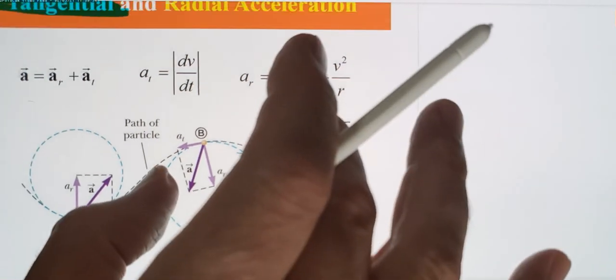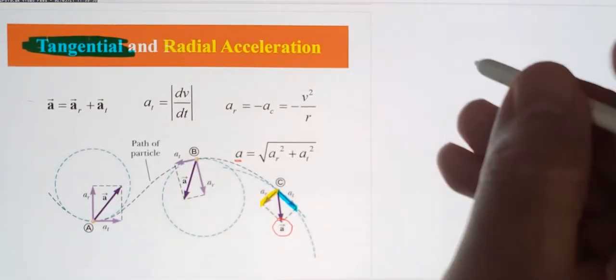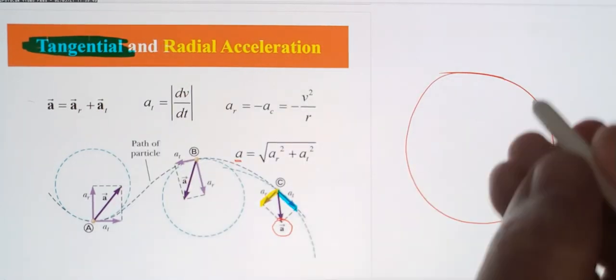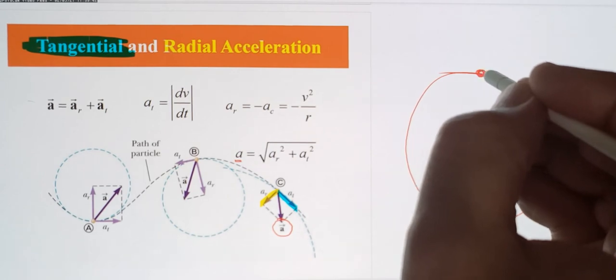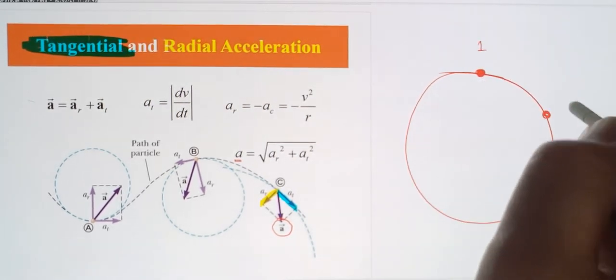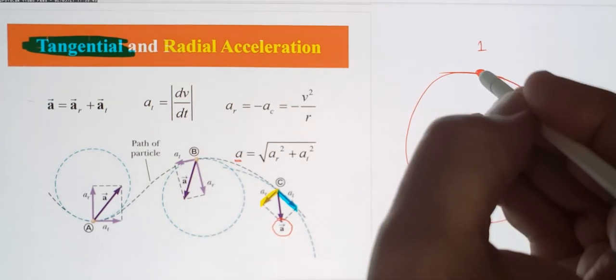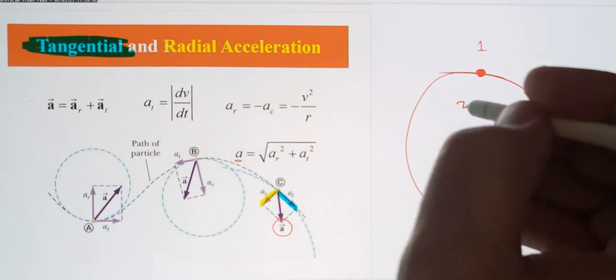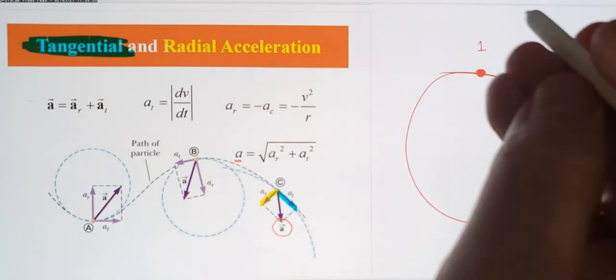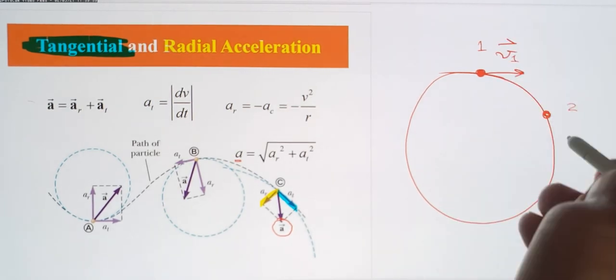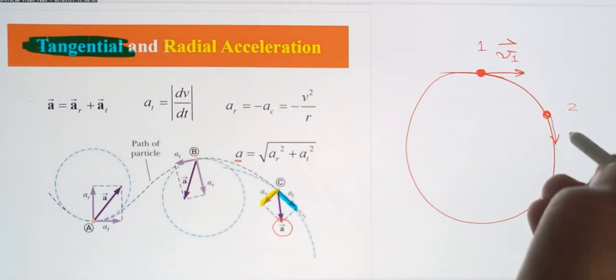So in this situation, suppose that we are not in a uniform circular motion. That means the object from point 1 to point 2 will go, so this is V1, this is V2.